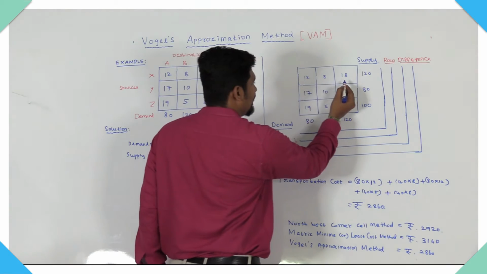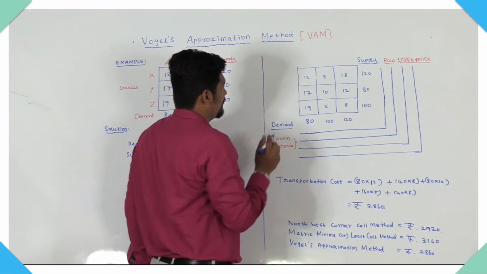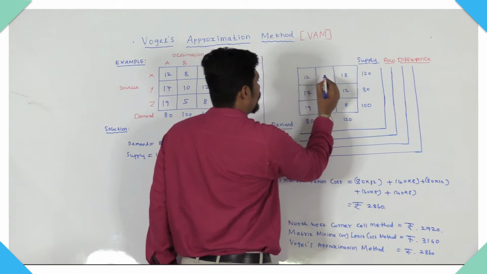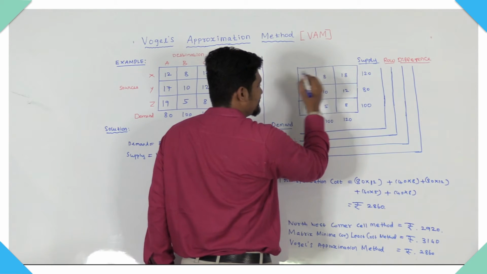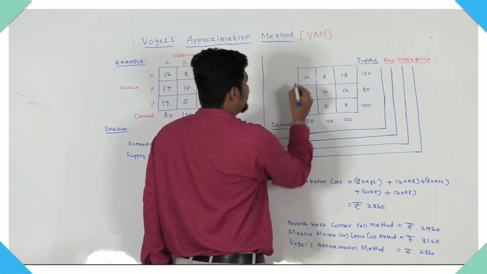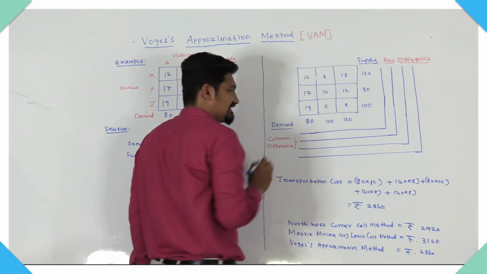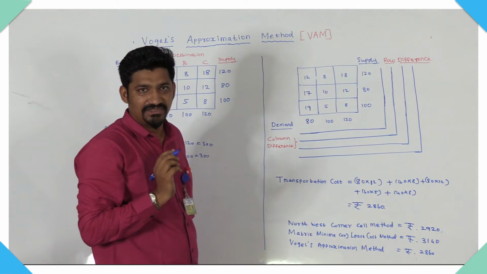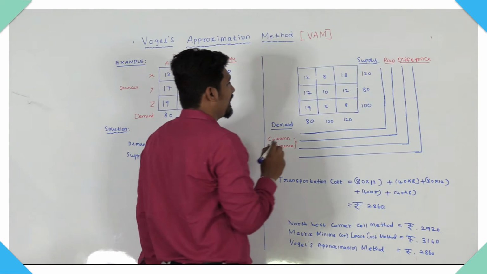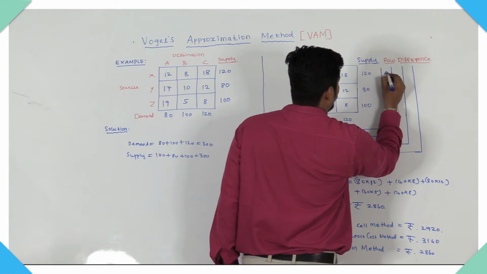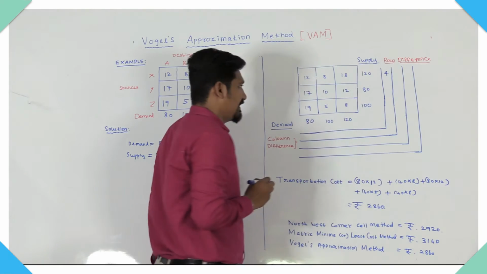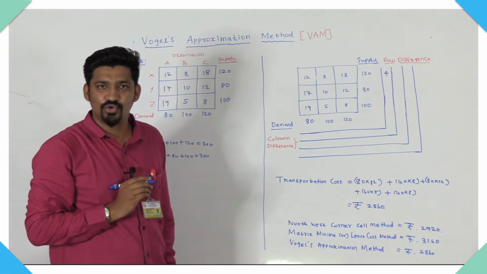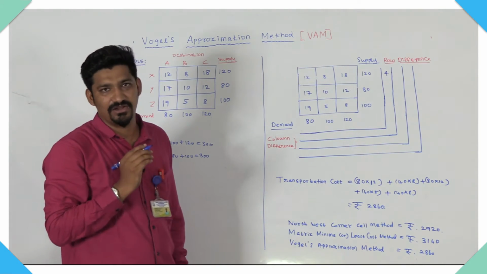First select the least cell in the first row. 8 is the least cell. Which one is the next least cell? 12 is the next least cell. Now find the difference between these two values: 4. In the same way, we need to identify the row difference and the column difference.